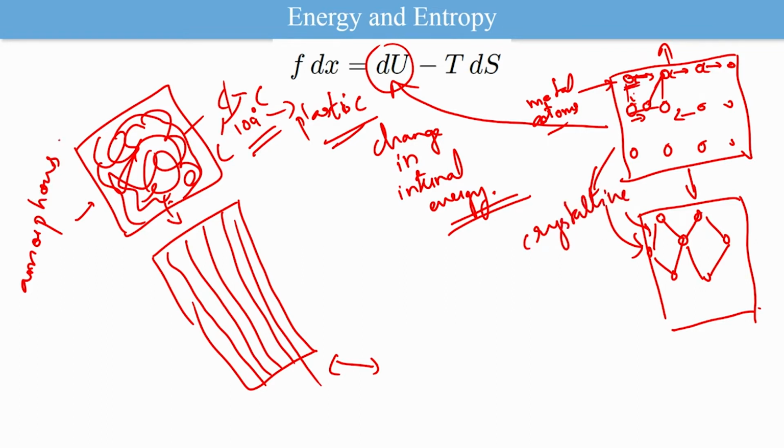The amorphous state is associated with huge entropy, and here the entropy is lower.